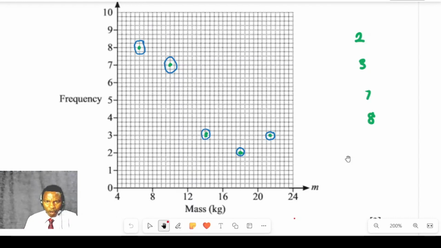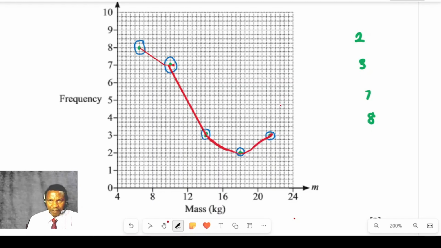To complete the frequency polygon, the next thing we need to do is to join the lines. So you connect the midpoint and the frequency to this, then from that you connect it to this point, then connect this line to this line, and then you come to this point.